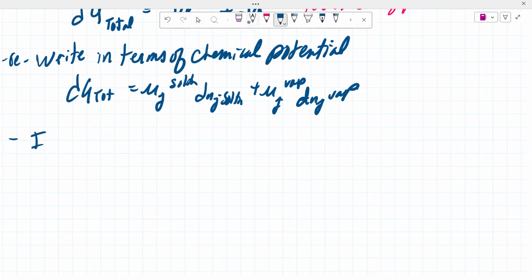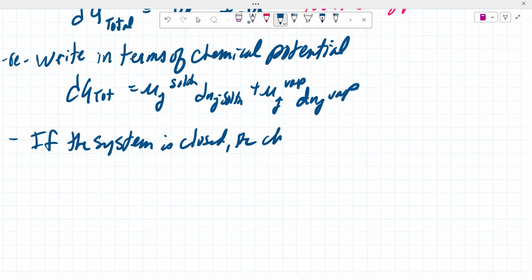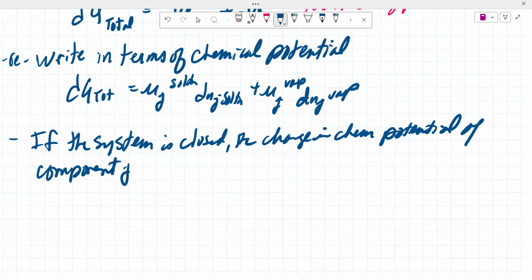Let's see. If the system is at equilibrium, the change in chemical potential of component J in vaporization equals the change in the chemical potential in the solution.